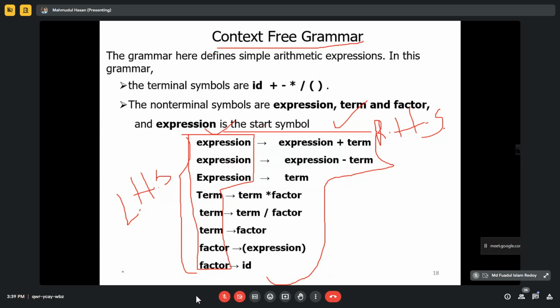If you are able to identify the non-terminals, the rest are terminals. So it is very easy to identify terminal and non-terminal. Got it? Yes, sir.